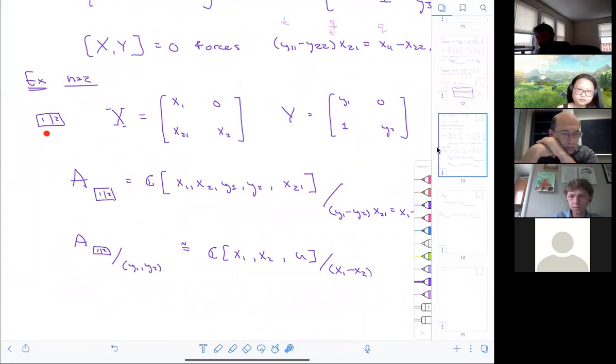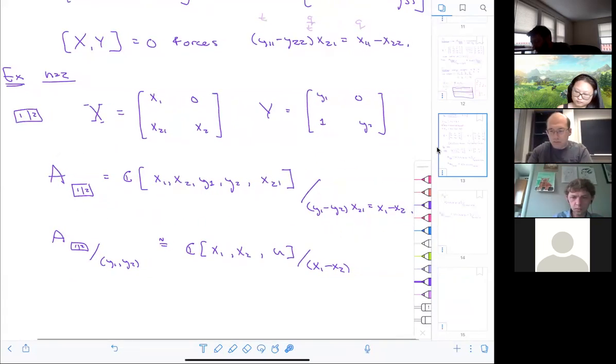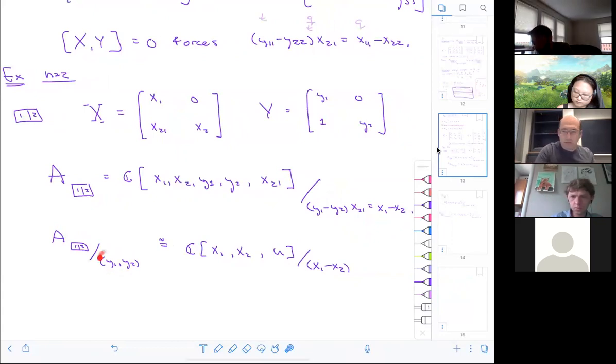For this tableau, we have a single condition on the Y matrix, and the condition that these matrices commute gives us this algebra, which when you kill Y's ends up being isomorphic to the endomorphism ring that we saw already.